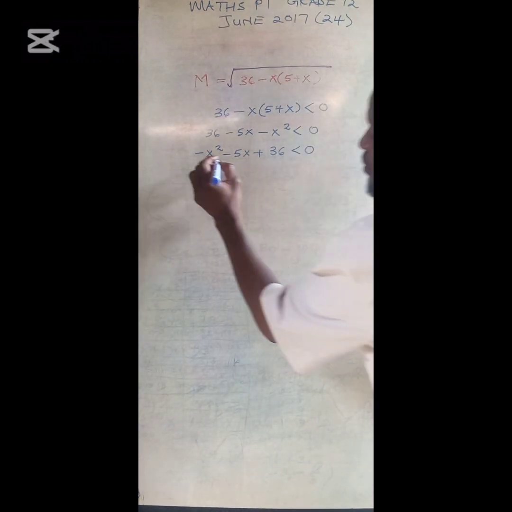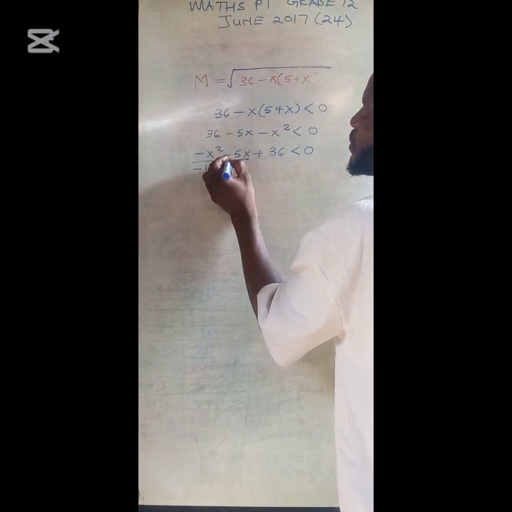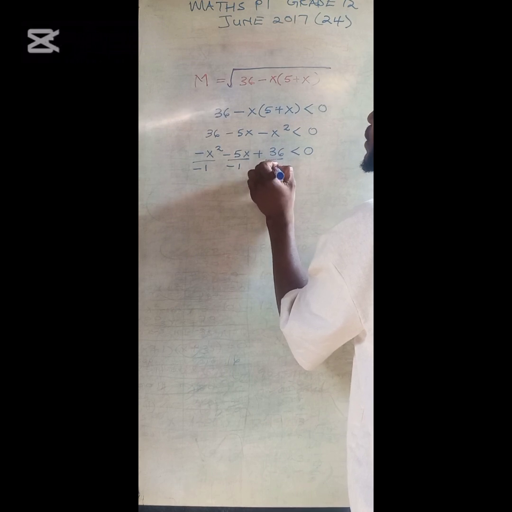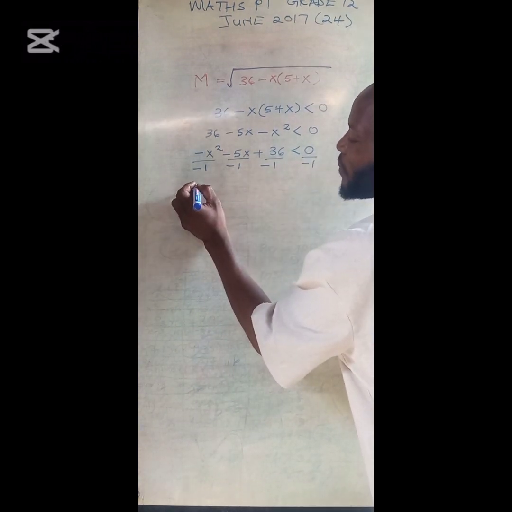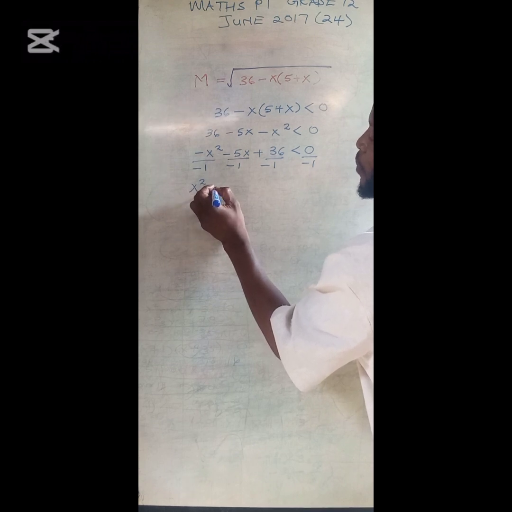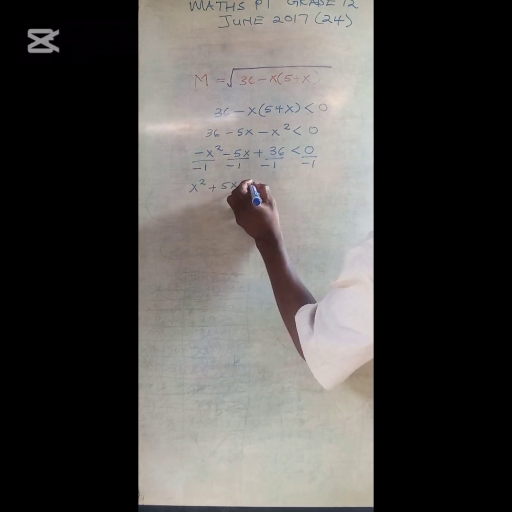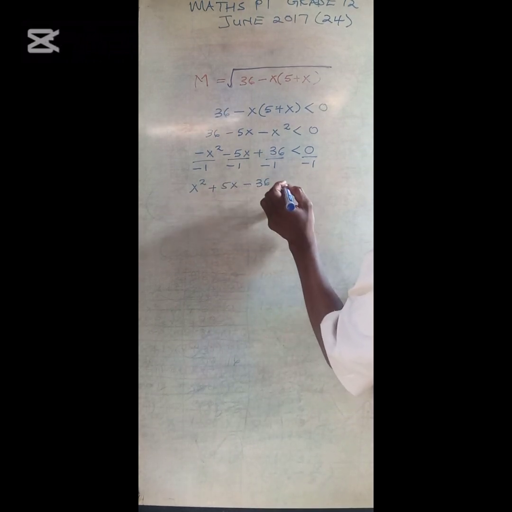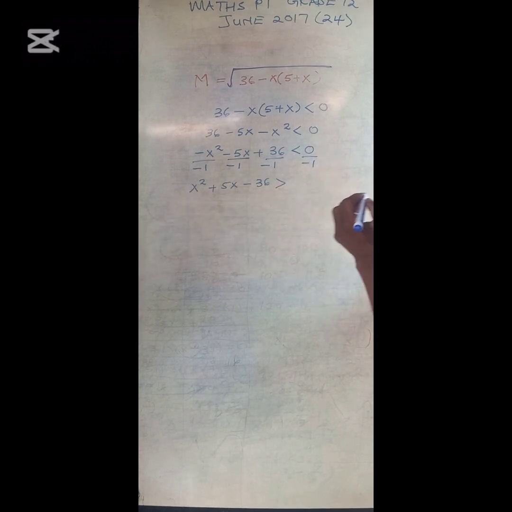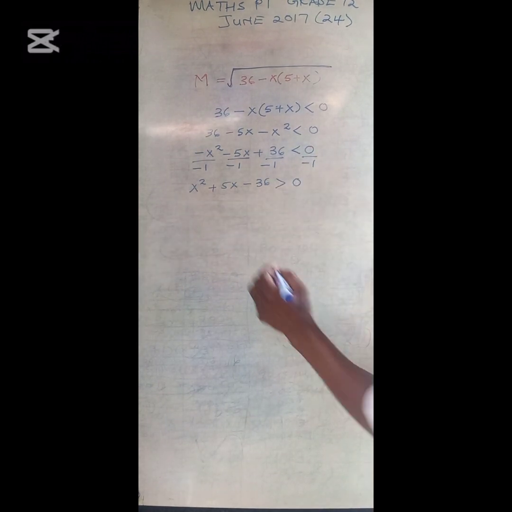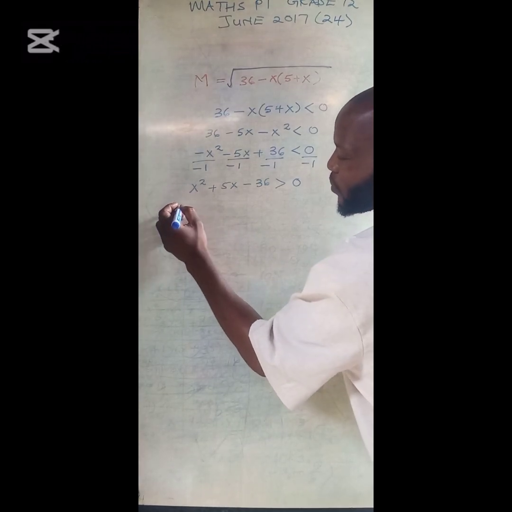Let's divide each and every term by negative 1, because we want a to be 1. So we'll have x squared plus 5x minus 36. If we divide by a negative number, the inequality sign changes, so it is greater than 0, right?